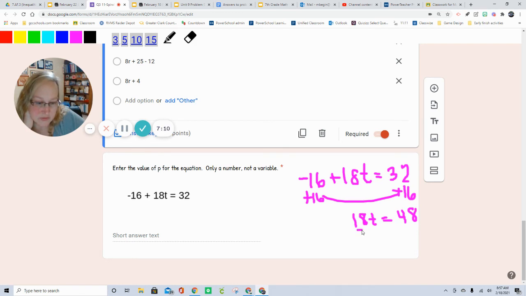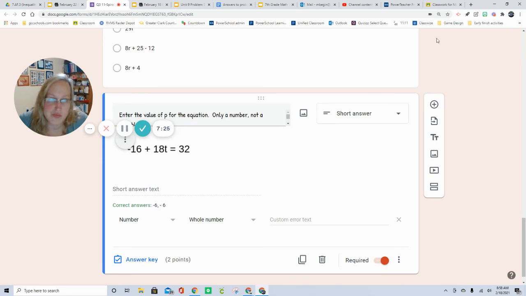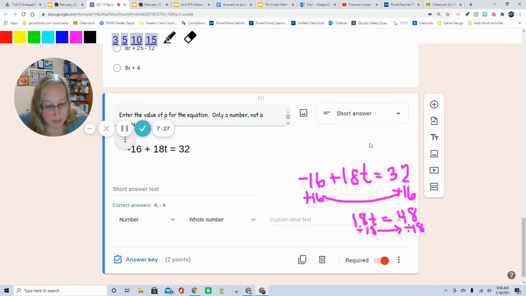Then we're going to divide both sides by 18. And I'm believing it's 3, but I might be wrong. Okay, so I love it when this happens. Yes, I've done this problem, and I was told this problem was corrected, and it was not corrected. So therefore, long, complicated story, but this should just be an 8.